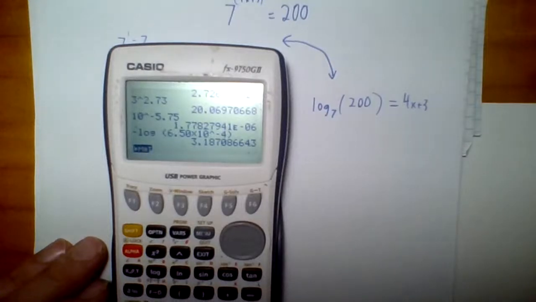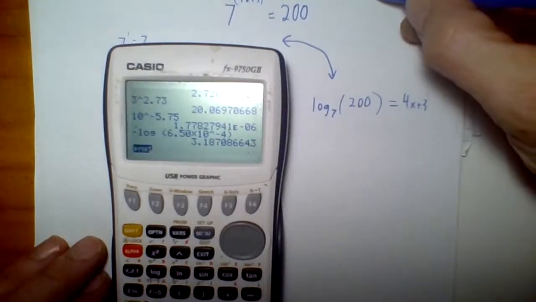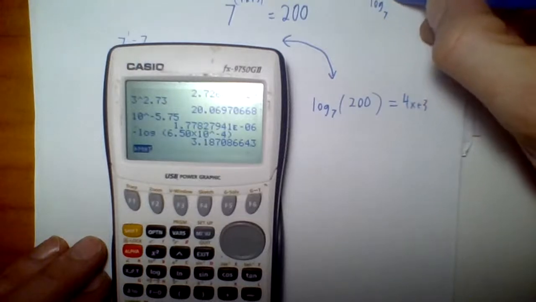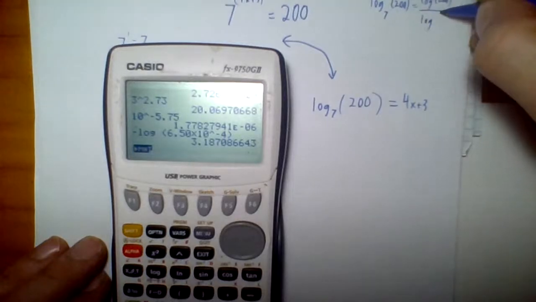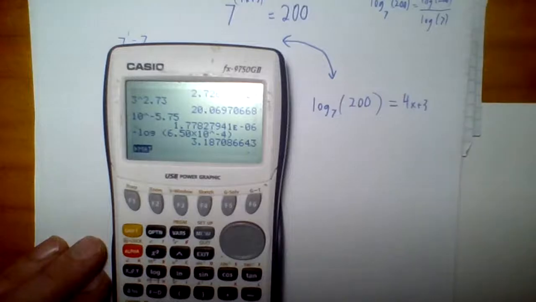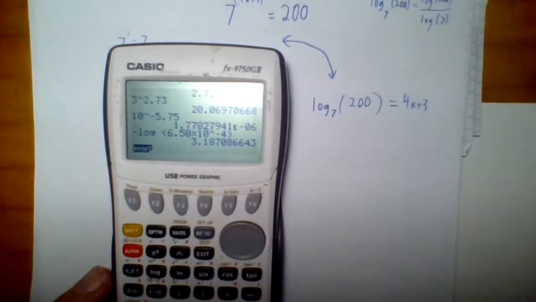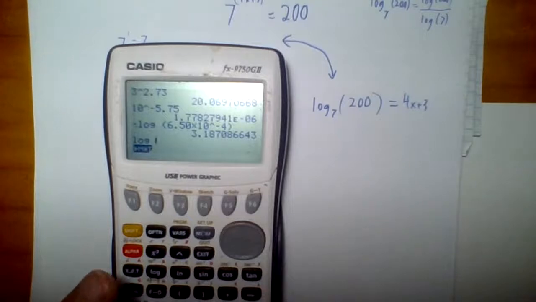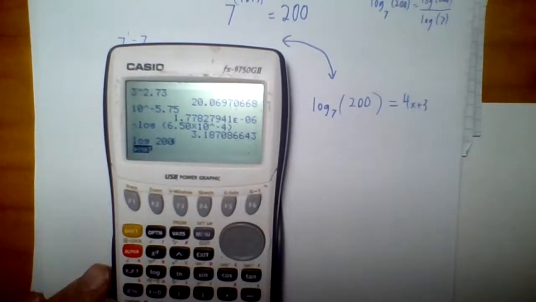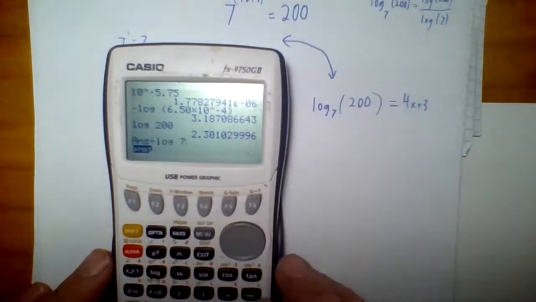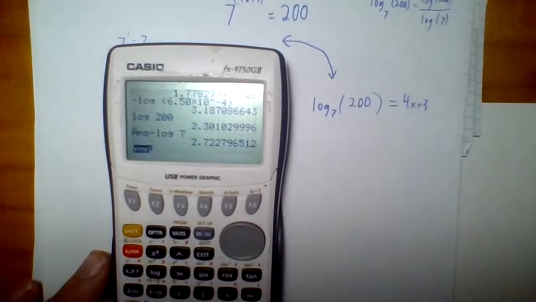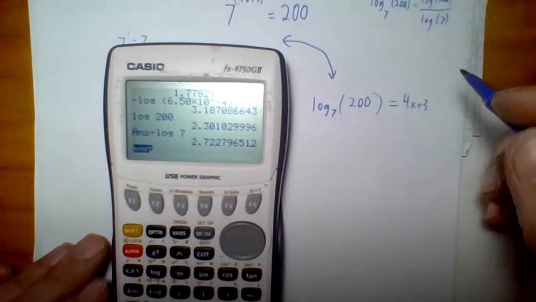So the change of base formula tells me if I want log weird base of some number, I just do the regular log of the number, but I divide that result by the log of the old base, or the weird base. So I have to do regular log of 200, take that answer divided by the log of the old base, there, 7. That comes out 2.722.